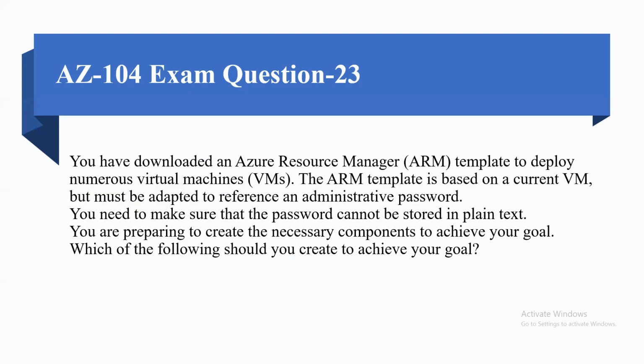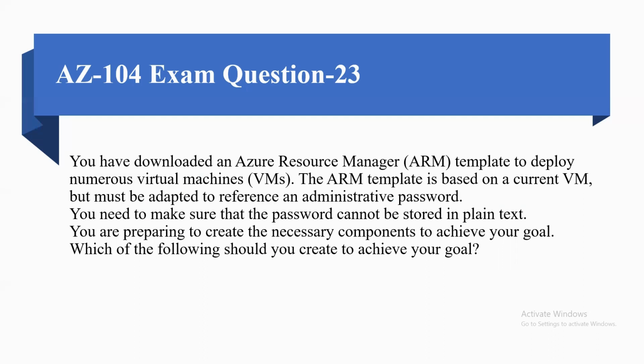Next question. You have downloaded an Azure Resource Manager template to deploy numerous virtual machines. The ARM template is based on a current virtual machine, but must be adapted to reference an administrative password. You need to make sure that the password cannot be retrieved in plain text.